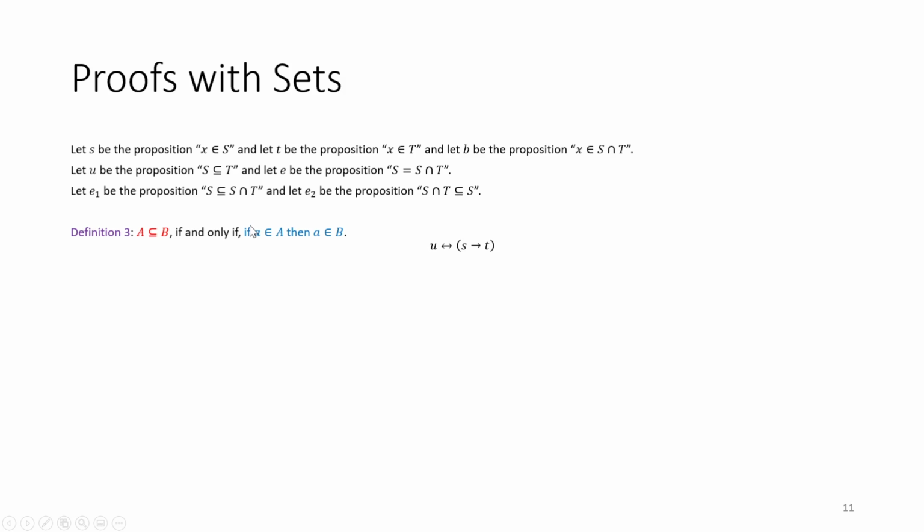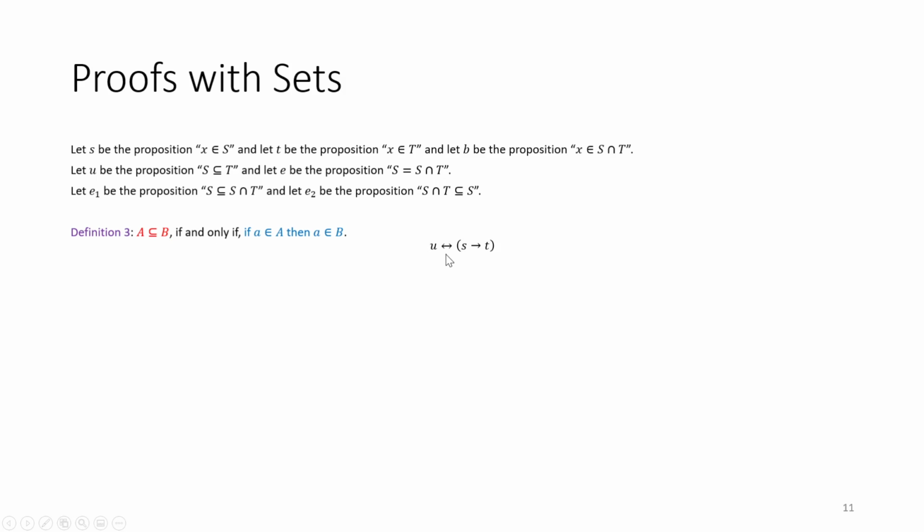But maybe the one we were interested in was this one here for S and T. At least we're going to apply this one in the first case. So one way we could codify this, at least for our two sets S and T, is as follows. We've got U has this form, the S is a subset of T form, so we'll call that U.